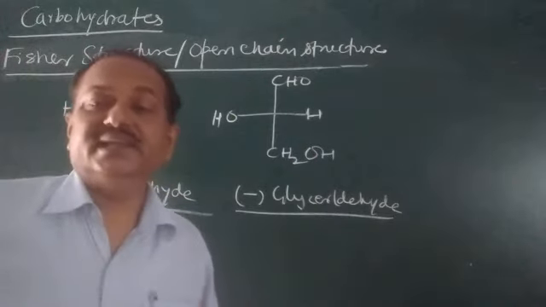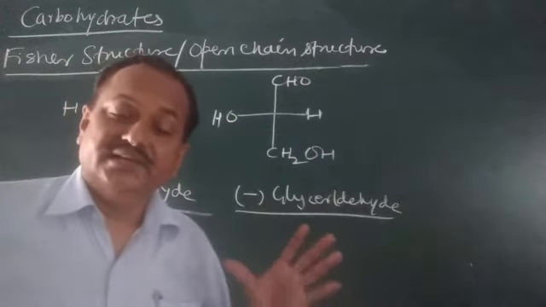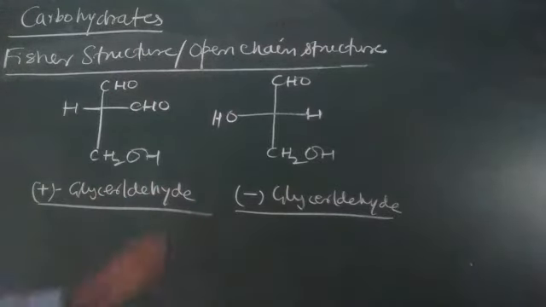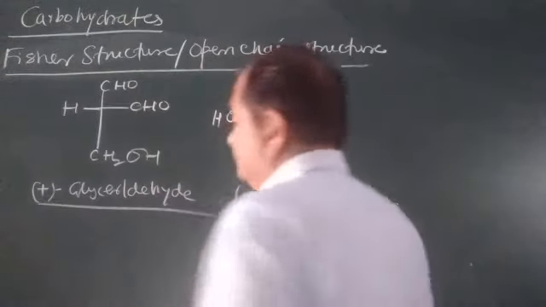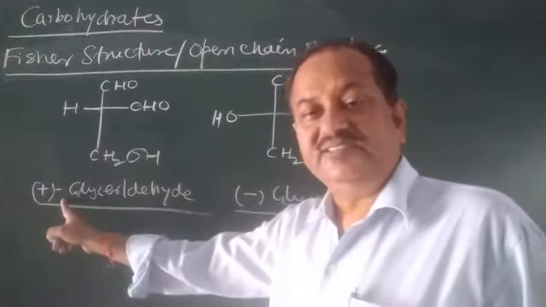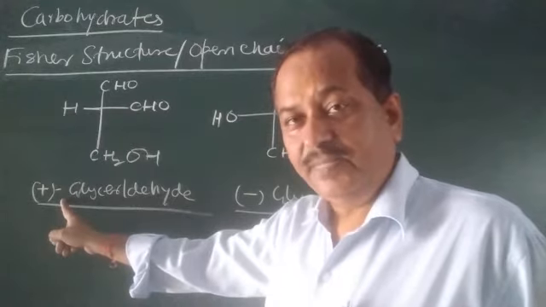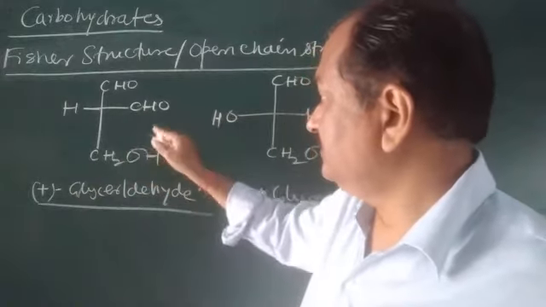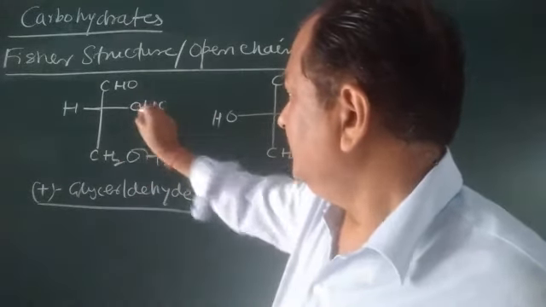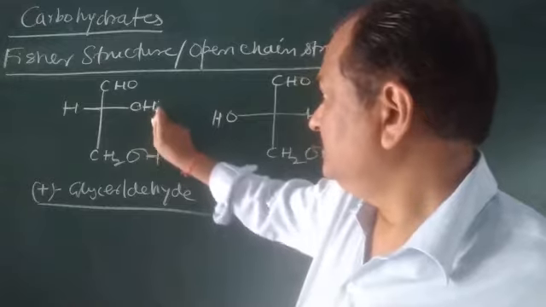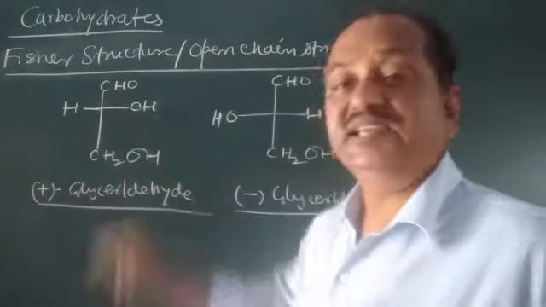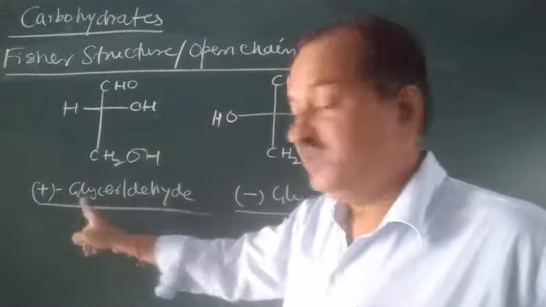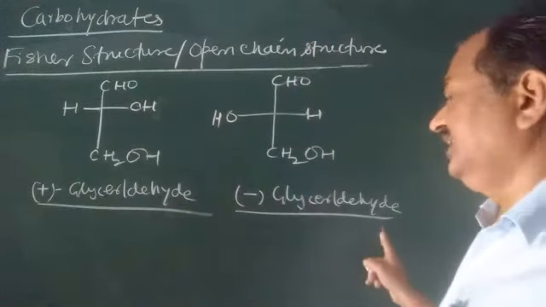Actually, the D and L forms have been derived from the structure of glyceraldehyde. Here is plus glyceraldehyde, or D-form glyceraldehyde. It has the OH at the second carbon on the right side, so it is said to be plus. Similarly, here is minus glyceraldehyde.